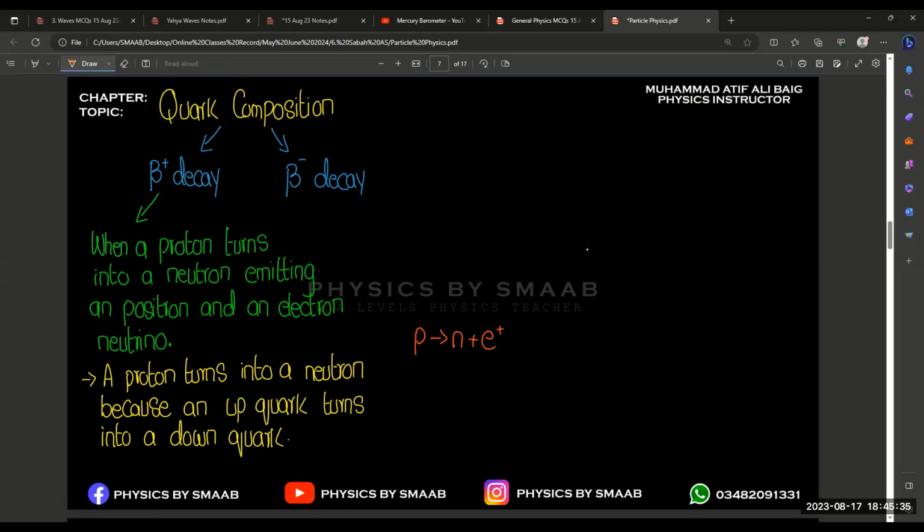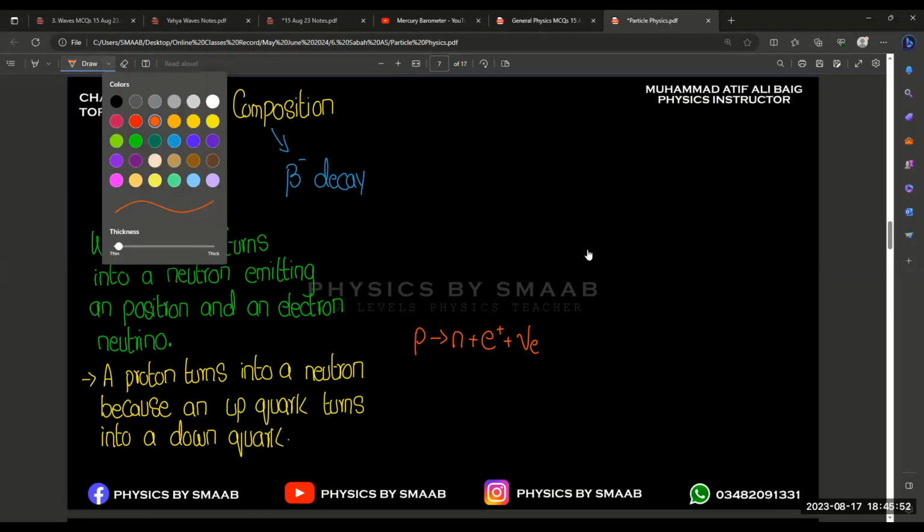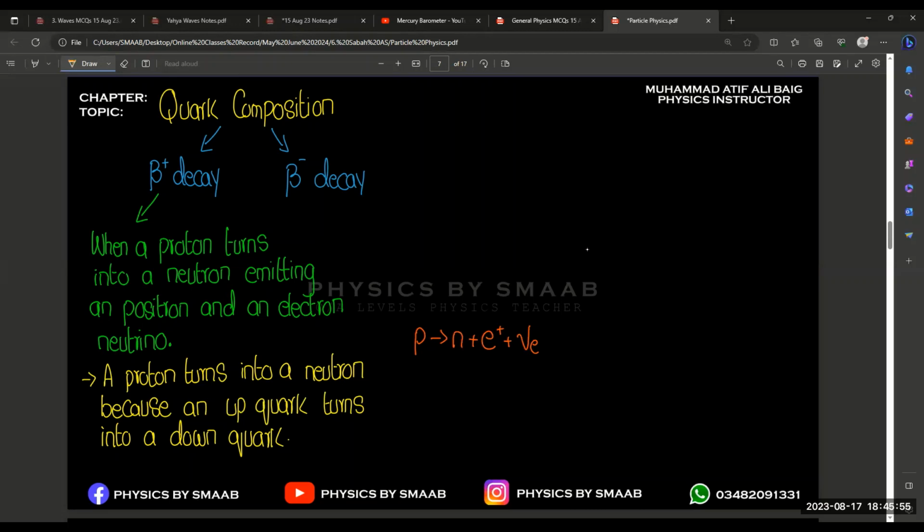Remember that the positron is the opposite of the electron, with positive charge, plus an electron neutrino that we discussed in leptons. And your final composition will be like this: we combine two up and one down quark to make a proton, so their formation will change and they will convert into two down and one up quark.